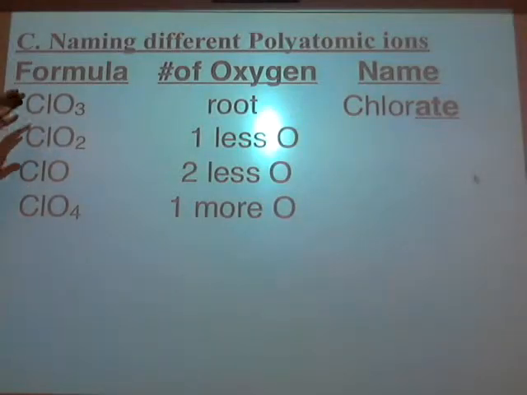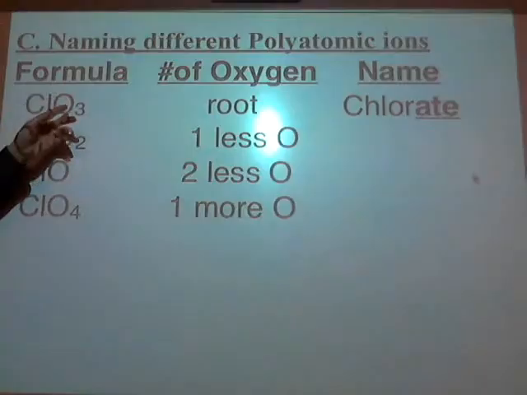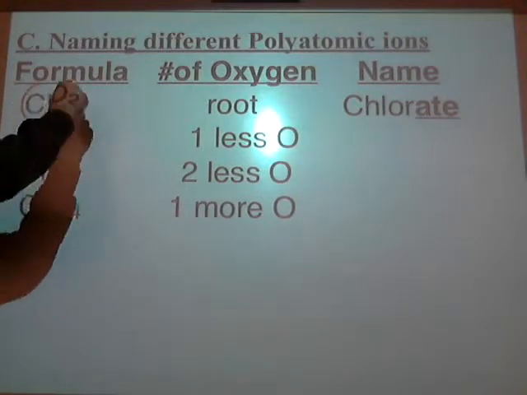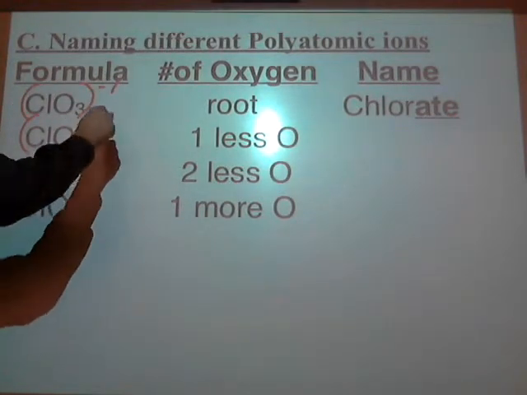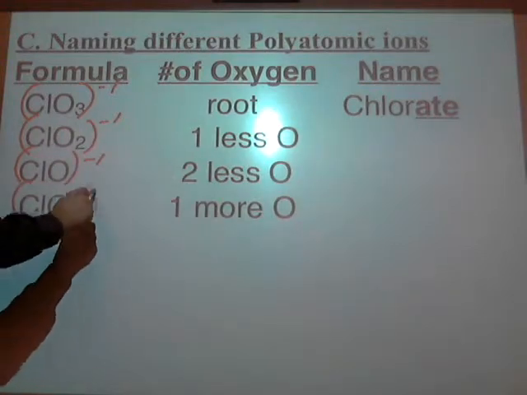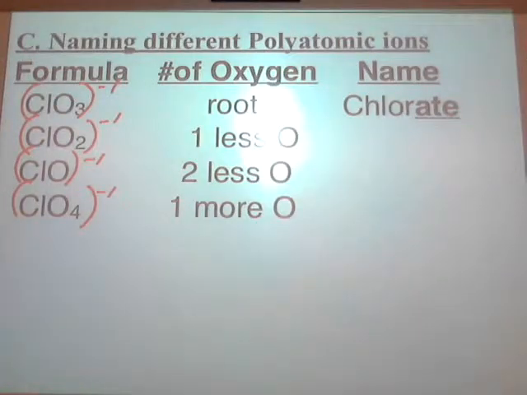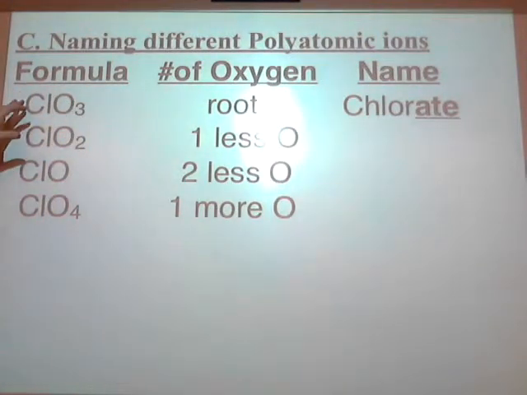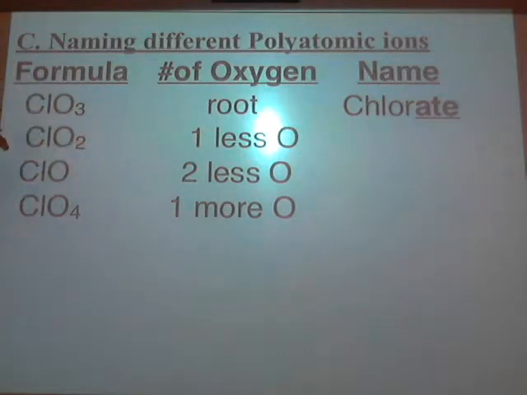Technically, the way it's written right now, this is chlorine trioxide, chlorine dioxide. I'm assuming you realize I'm just writing the ion. So really it should look like this. Don't write it that way, but that's what we're really writing here, the ion. Because you could have had sodium in front of that, be sodium chlorate. So we're not talking about the compound ClO3, but rather the ion.